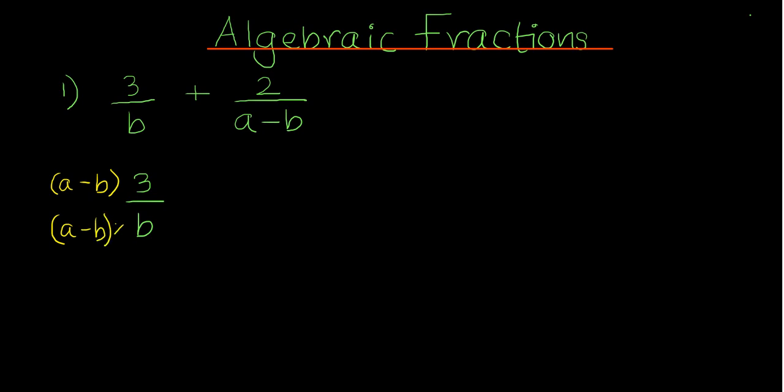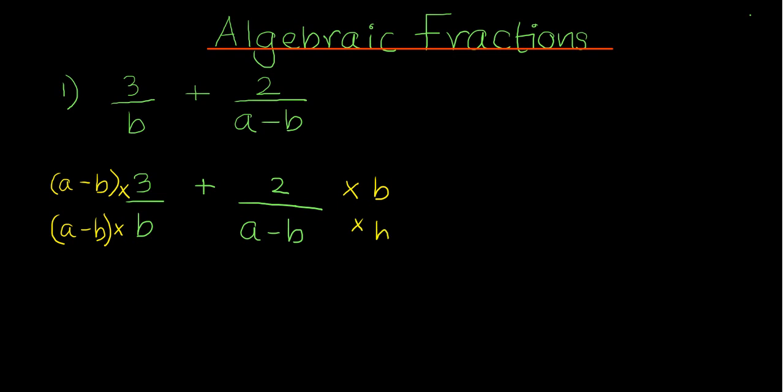And I forgot the multiplication sign. Plus, and then here I'm going to have 2 over a minus b, and I'm going to multiply the numerator and denominator by b.